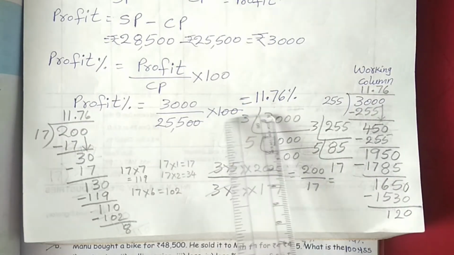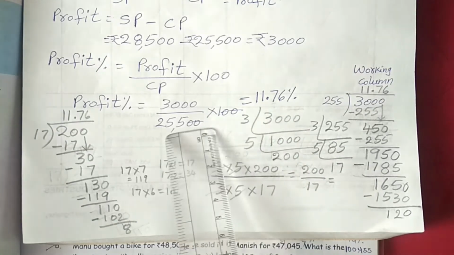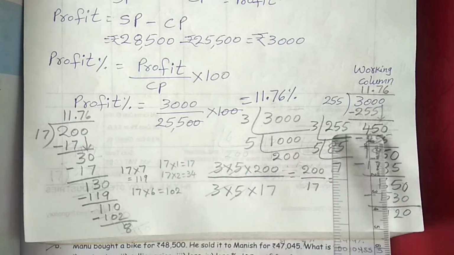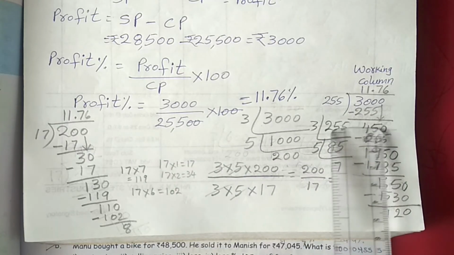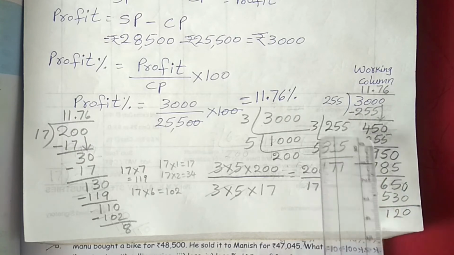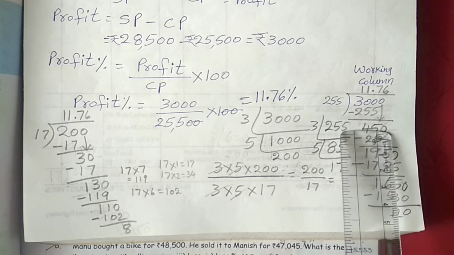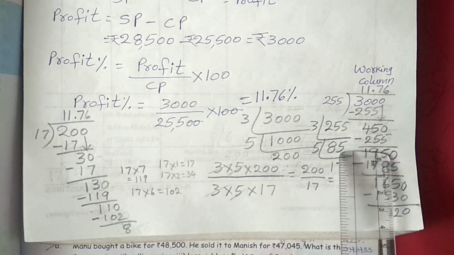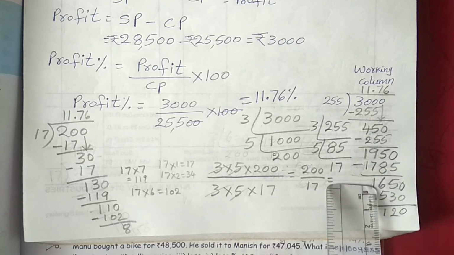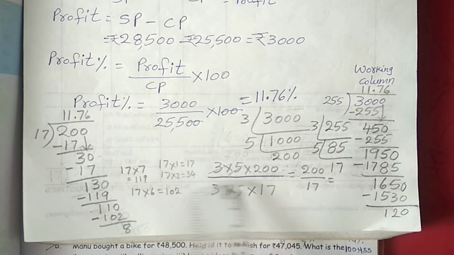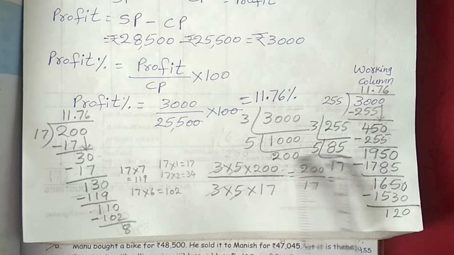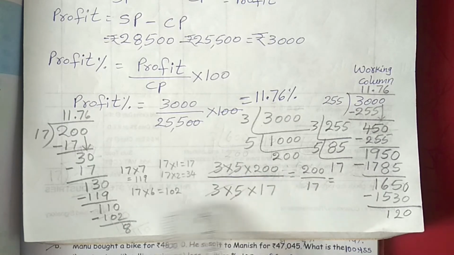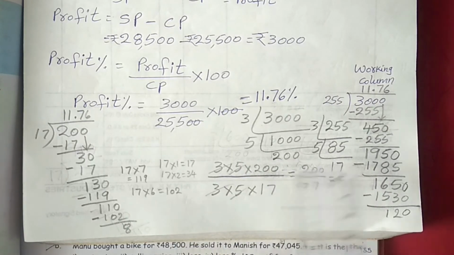See here we have cancelled these two zeros in 100 and in 25,500, right? Now for 255 I am trying to find the least common multiple. See, 255 divided by 3 is 85. 85 divided by 5 is 17. So my answer is 3 into 5 into 200 by 3 into 5 into 17. So I am cancelling this 3 into 5. It remains 200 by 17.